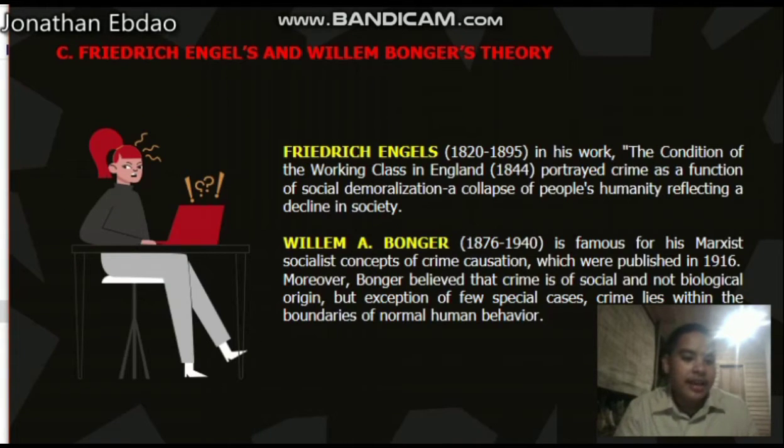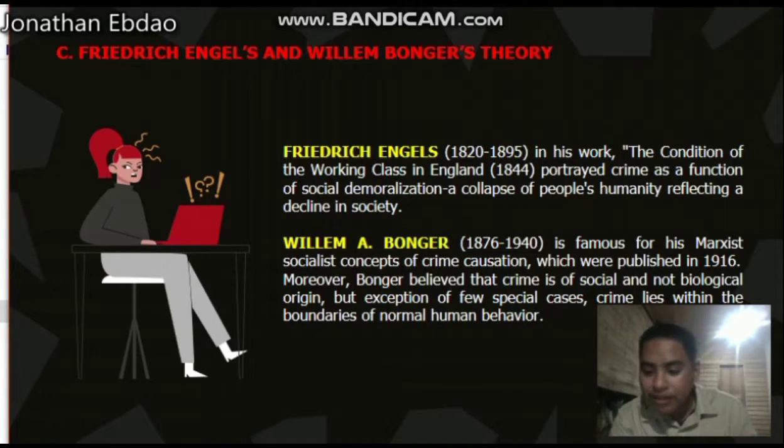Next one is Friedrich Engels and Willem Bonger's theory. Friedrich Engels, in his work The Condition of the Working Class in England, portrayed crime as a function of social demoralization, a collapse of people's humanity reflecting a decline in society.